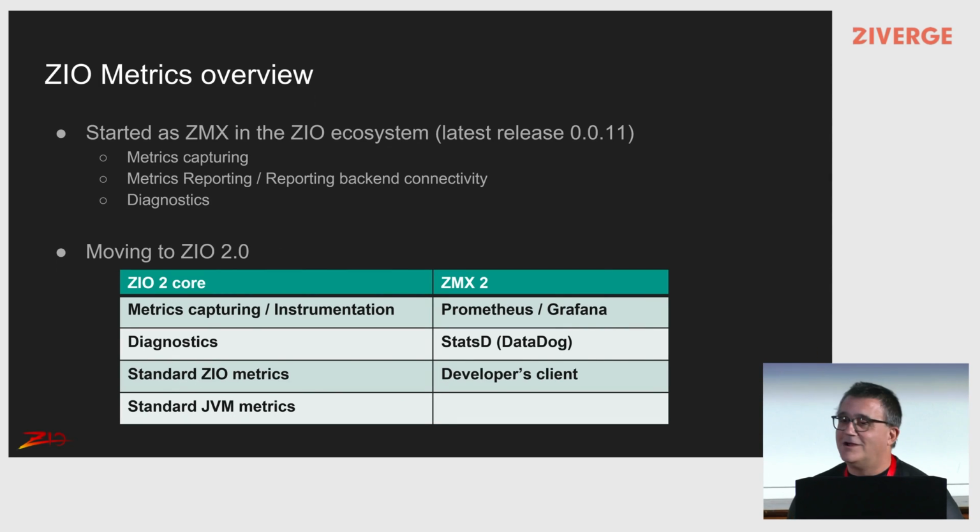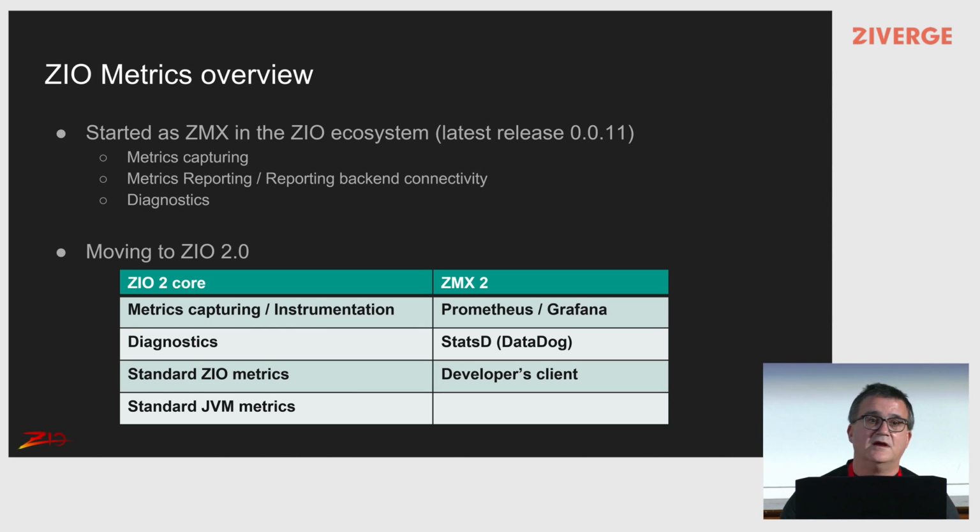Right, so for the ZIO metrics, we started as a side project in the ZIO ecosystem. The idea in ZIO ZMX was to make it easy for ZIO applications to capture metrics throughout a ZIO application and then make it available for querying in particular backends. The fundamental idea was that the backend should not be dictated by ZMX as such, but the users should be able to actually choose their backend.